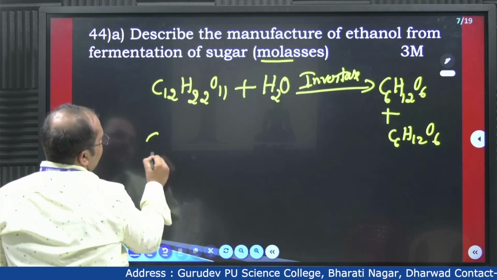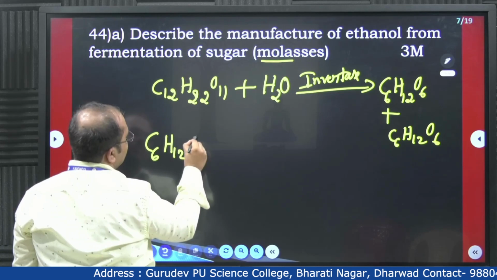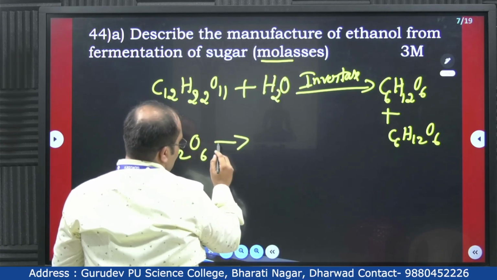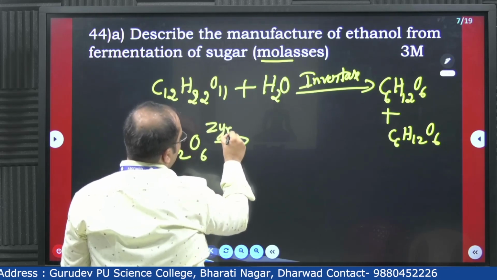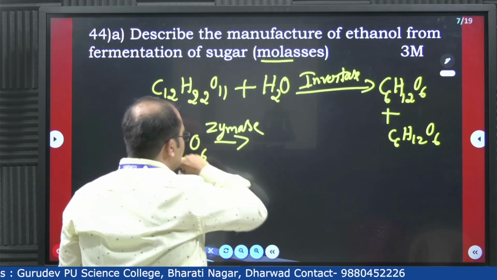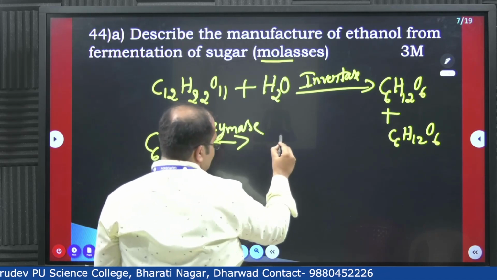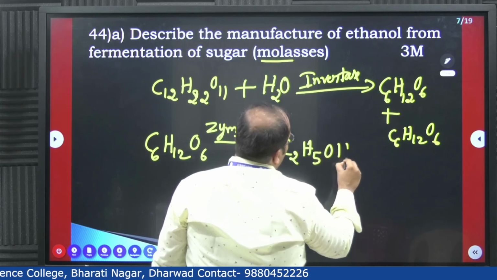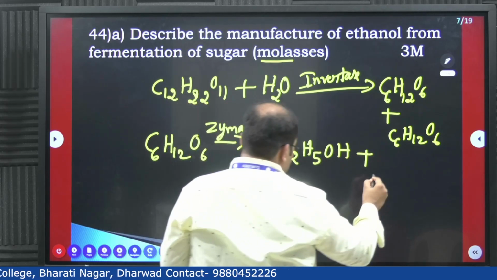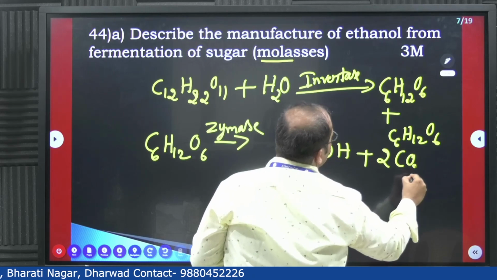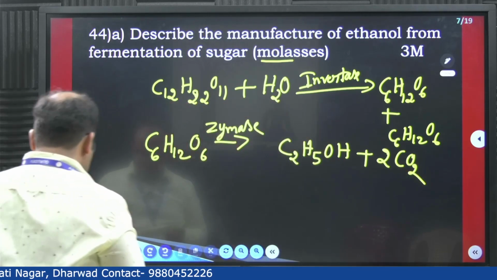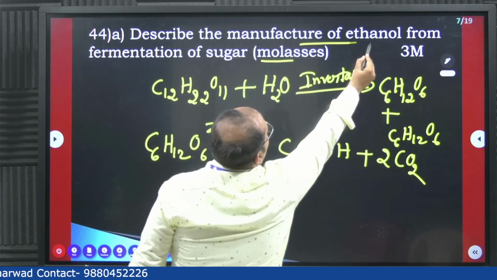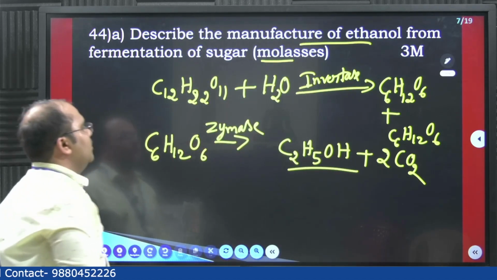Then the glucose or fructose is acted on by another enzyme called zymase. By the zymase enzyme you get the product ethanol, and carbon dioxide is released. Thus the manufacture of ethanol takes place.